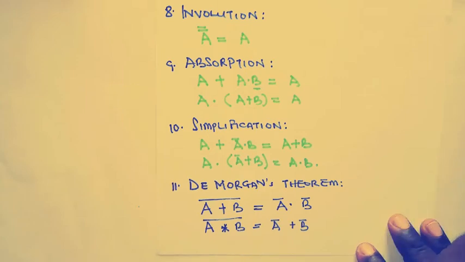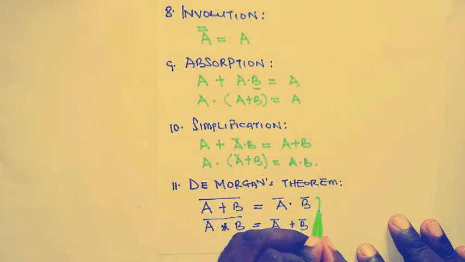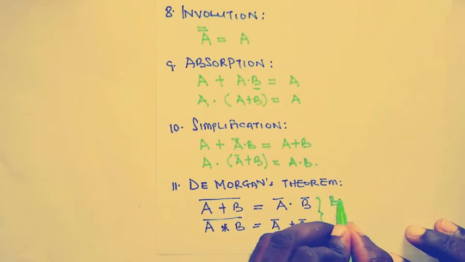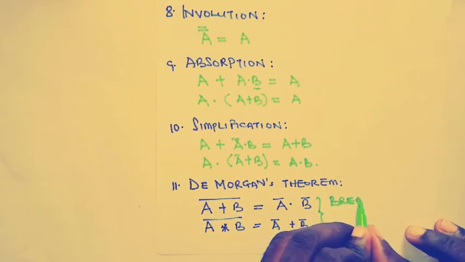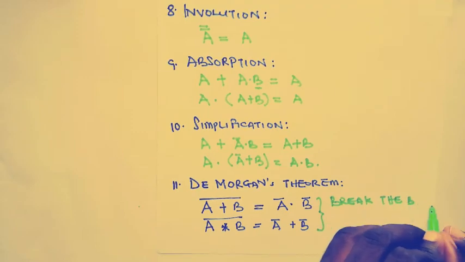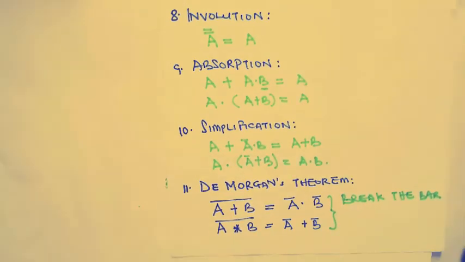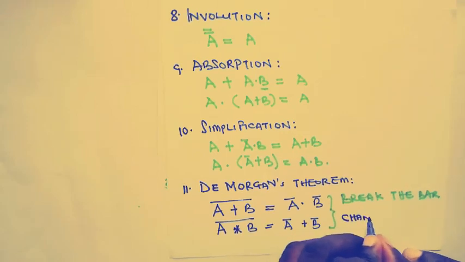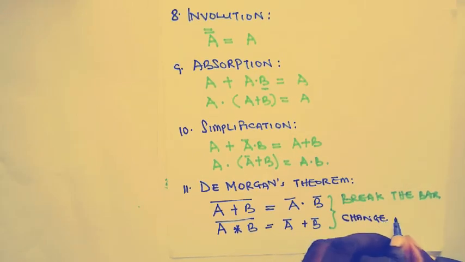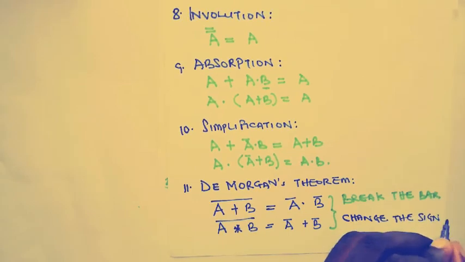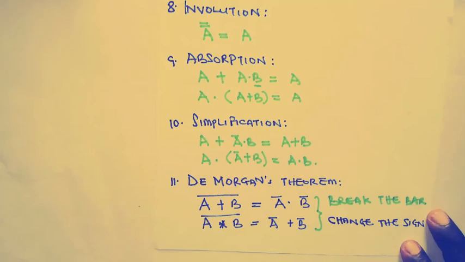And one thing about De Morgan's theorem is this: when you break the bar, you change the sign. Break the bar and change the sign.